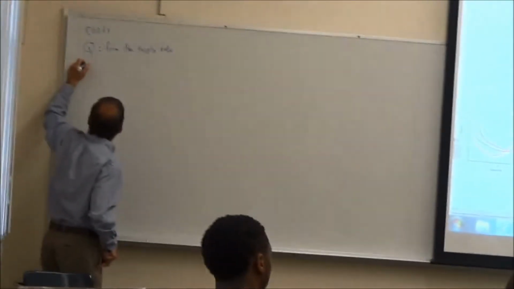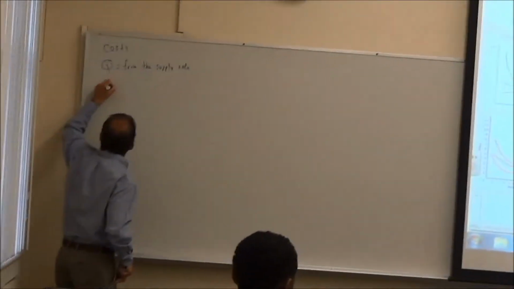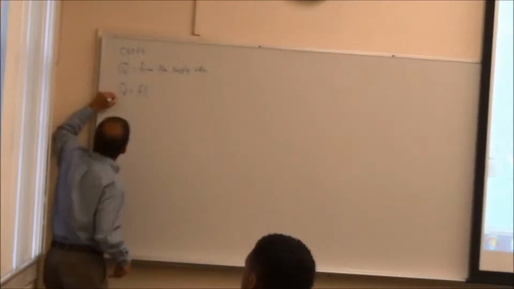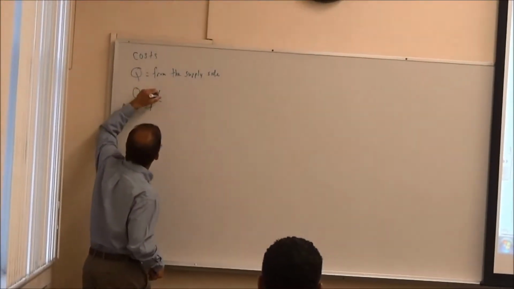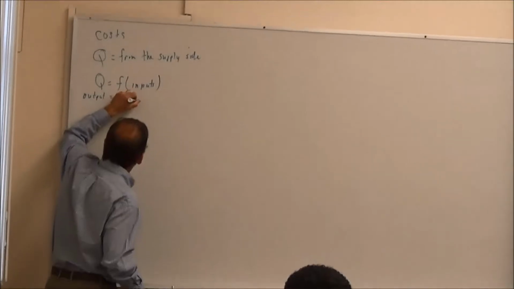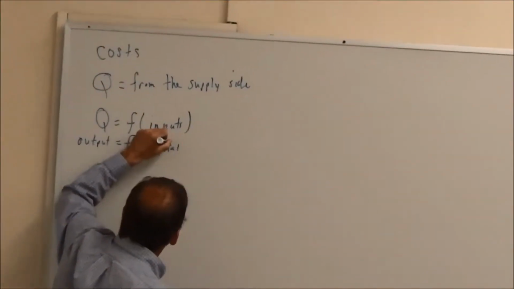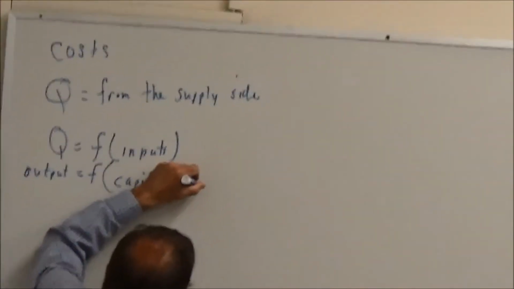So when you look at this, Q is a function of, or dependent on, your inputs. Q is your output, and your output is dependent on your inputs. And your inputs are simply capital and labor, and each one of these will have a cost, right?